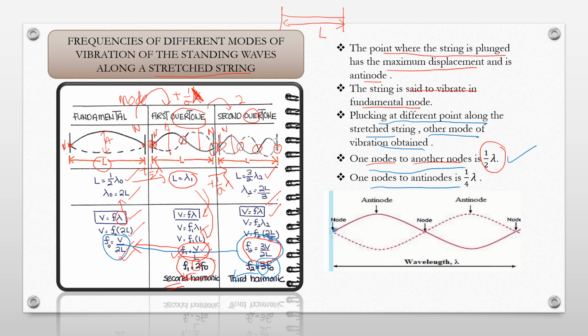From here to here is 1 lambda, one wavelength. So one node to another node is half lambda, and one node to another antinode is a quarter, that means 1 over 4 lambda.